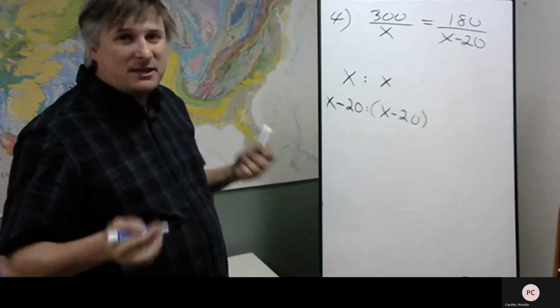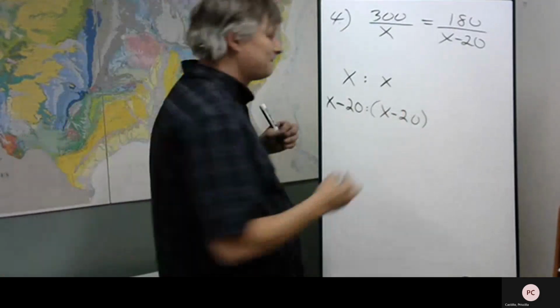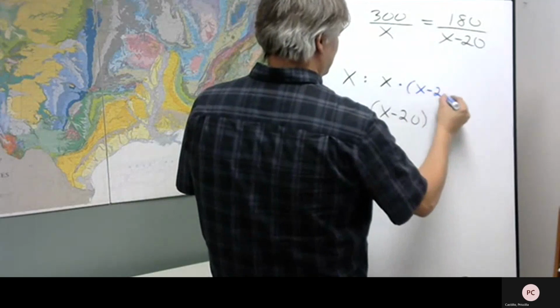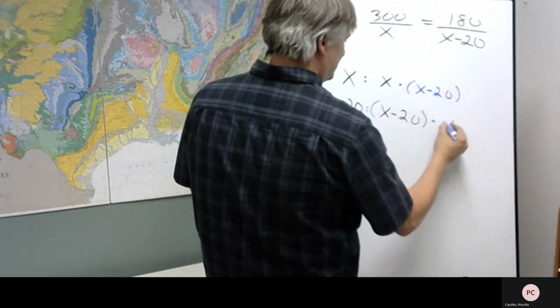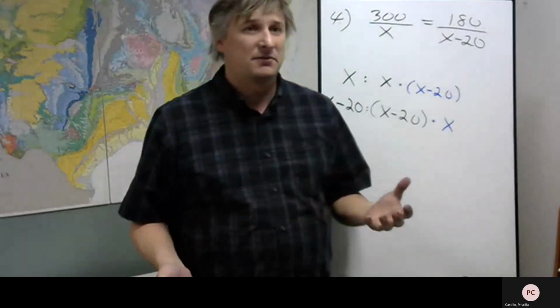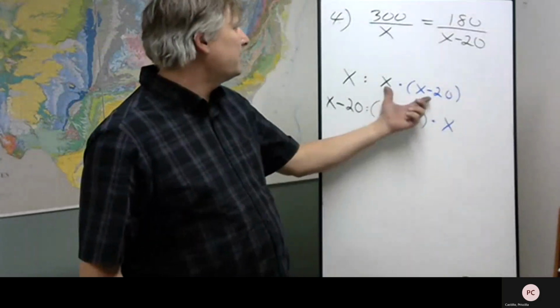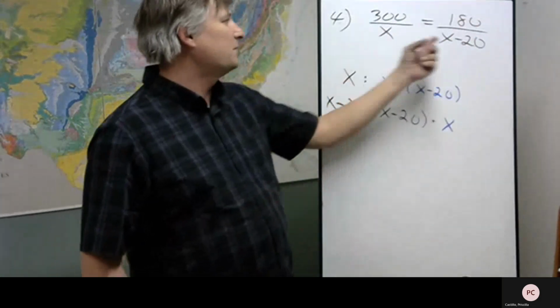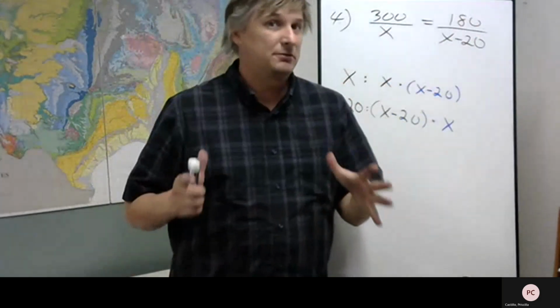And then let's make these factorizations the same. So this one's missing an x minus 20. This one's missing an x. So now the factorizations are the same. What this means is we'll multiply this through, and that's going to let us cancel these denominators. Again, that's always our goal to start.